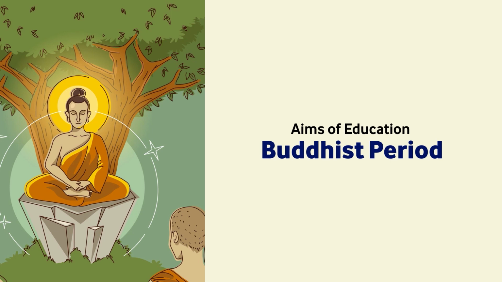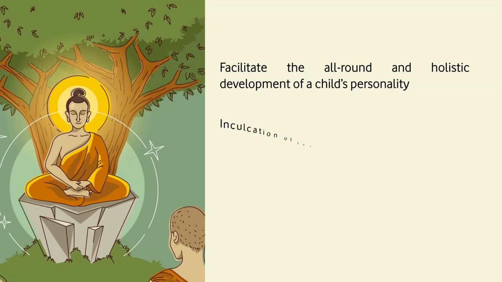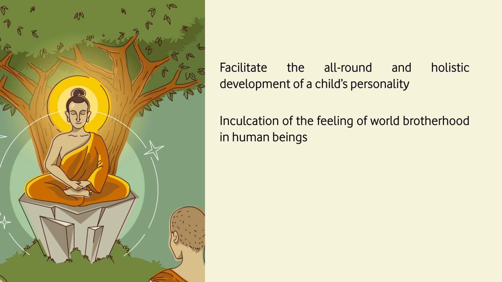Whereas in the Buddhist period, you can see similar objectives with more focus on the inculcation of a feeling of world brotherhood among human beings. It was given more focus during the Buddhist period since the relationship between the individual, the societies and different people was given priority in those times.